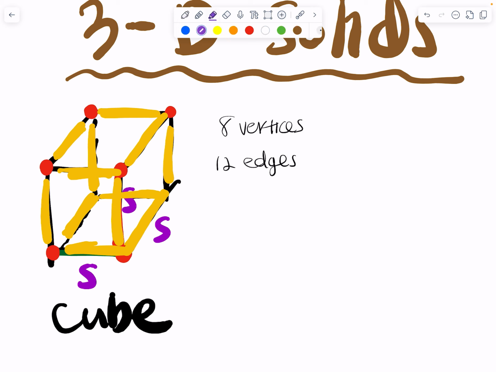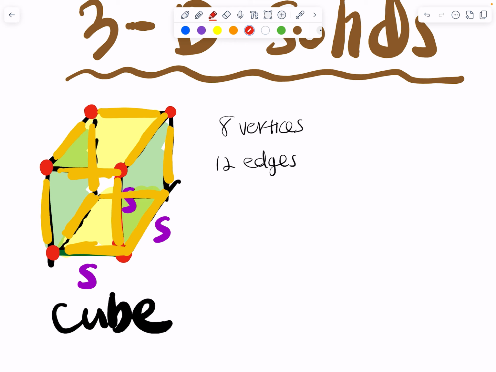And then surfaces. Should we look at surfaces? There's the side one, and another. They're facing each other, they're congruent, they're parallel. That's 2 faces. And then there's the top and the bottom, right? That's 4 so far. And then what have we not counted?